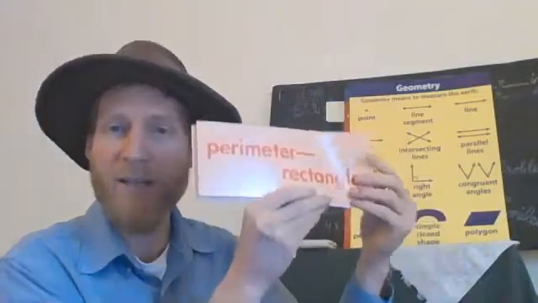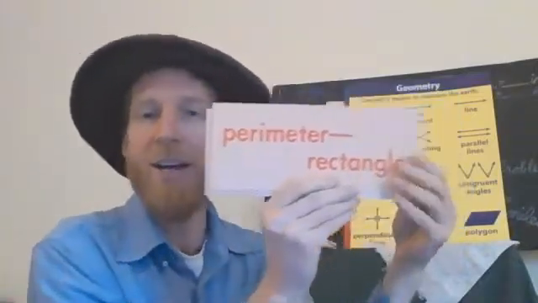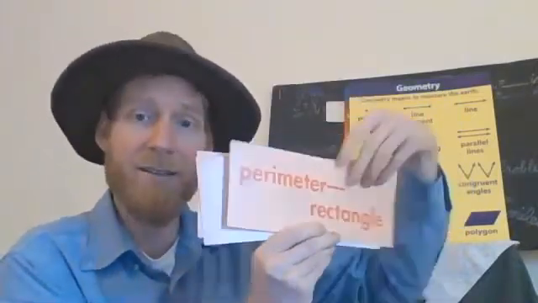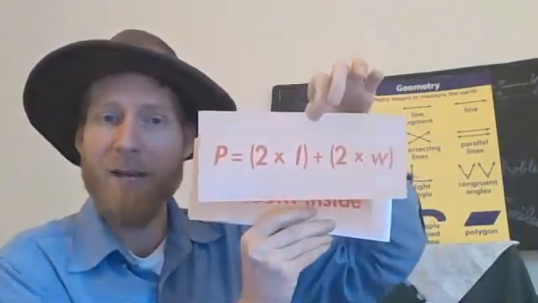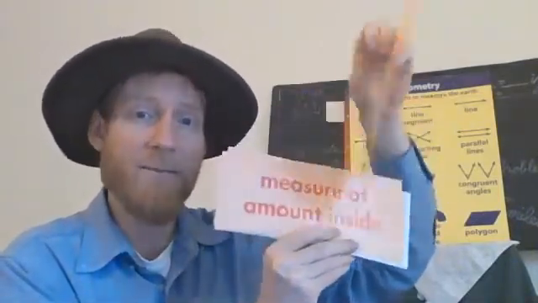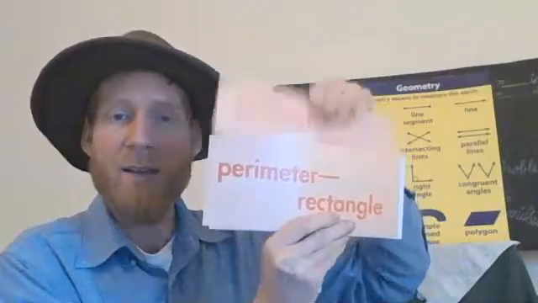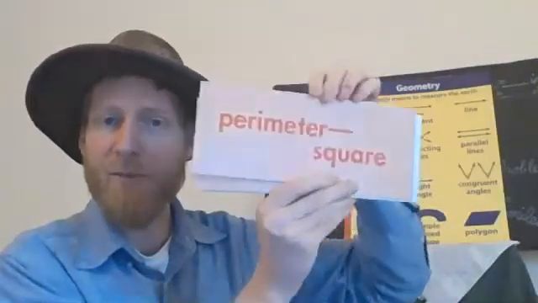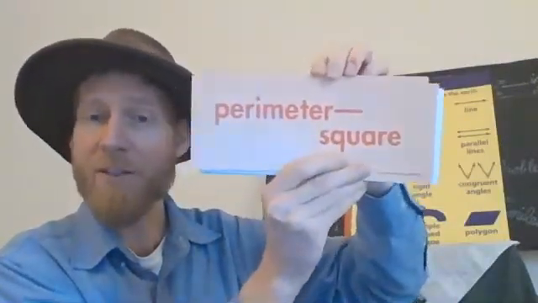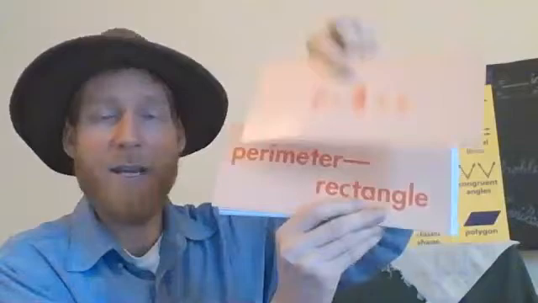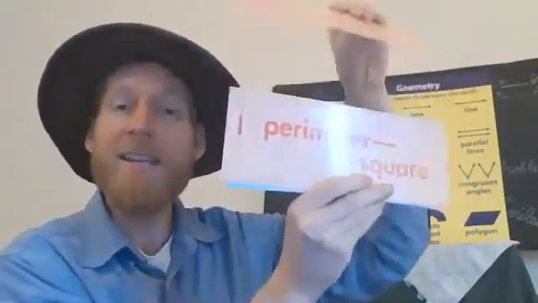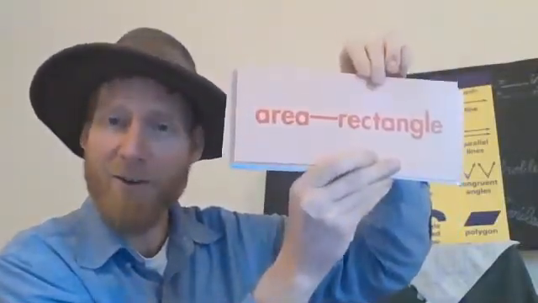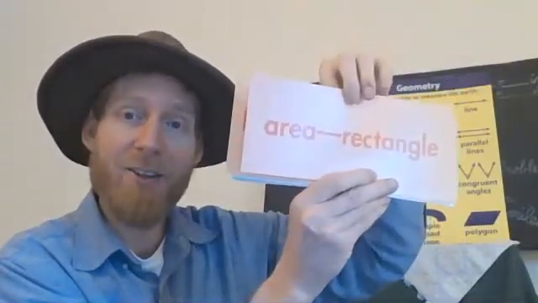What are our formulas? The formula for the perimeter of a rectangle is, together, 2 times the length plus 2 times the width. And what about the perimeter of a square? The perimeter of a square is P equals 4 times S. The area of a rectangle.